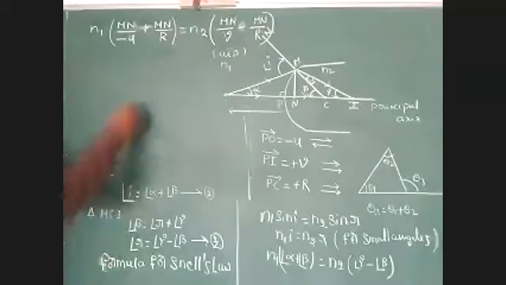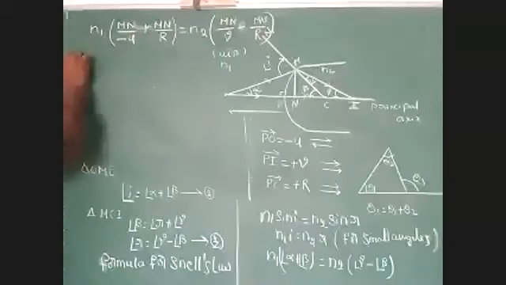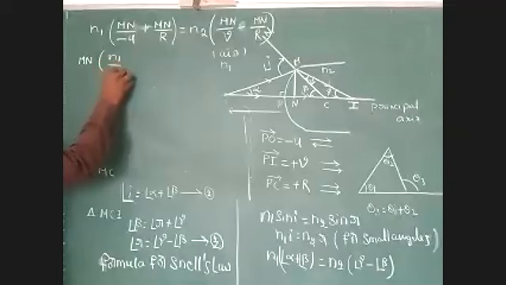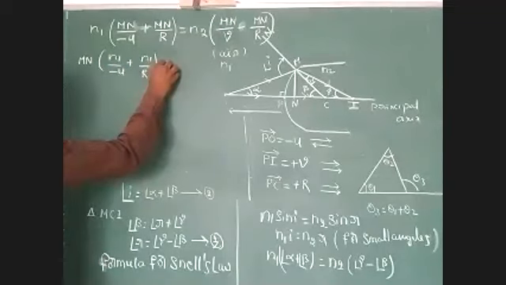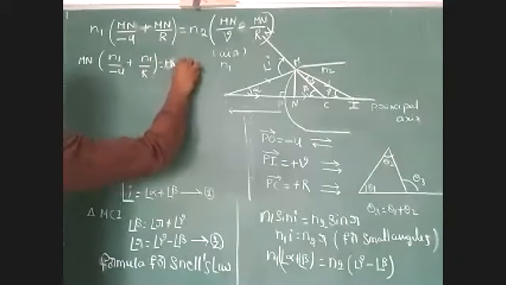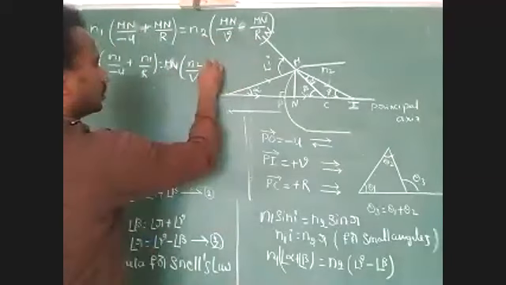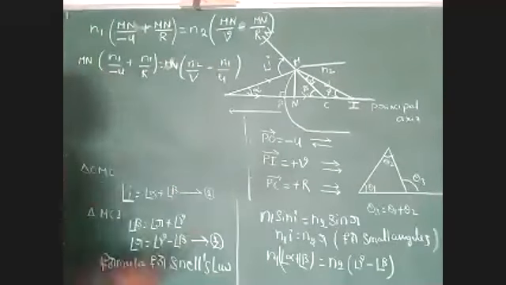Now we have to take MN common on the left hand side and right hand side. Now n1 by minus u plus n1 by capital R equals n2 by v minus n1 by u. Both sides we cancel the MN values.